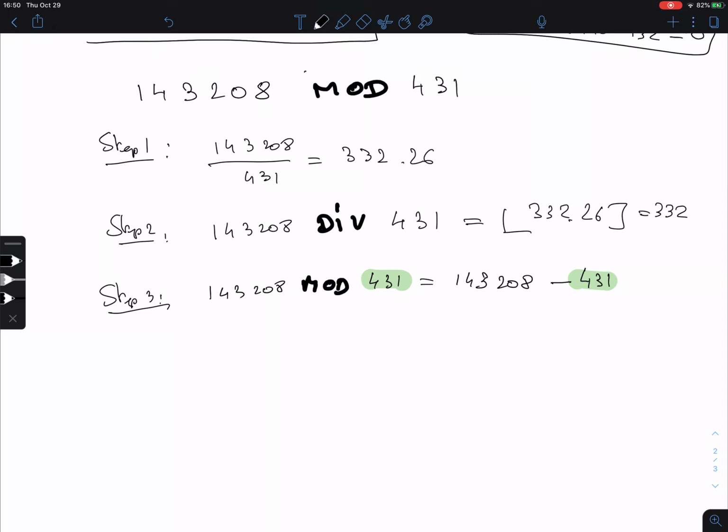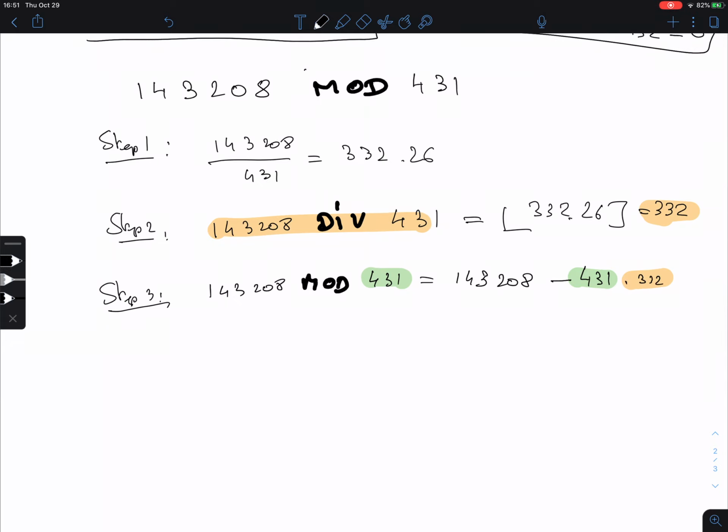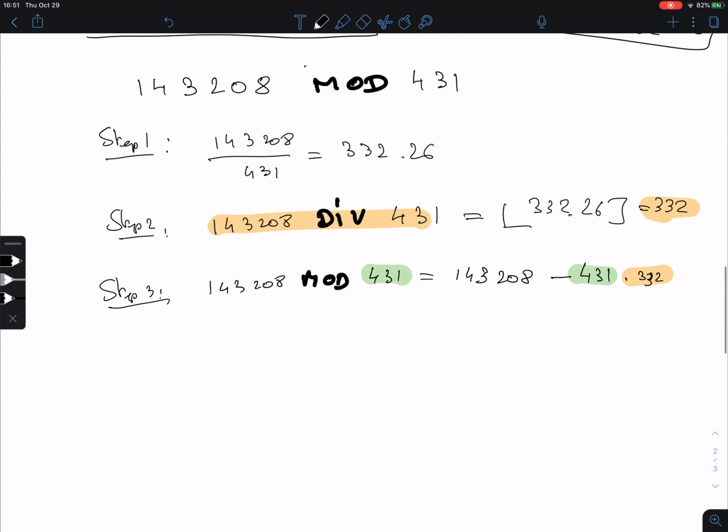We multiply that with our quotient, which is the number that we calculated here, that is the result of this calculation. So this will be 332. So we multiply these two numbers, 431 and 332, and subtract it from 14328.